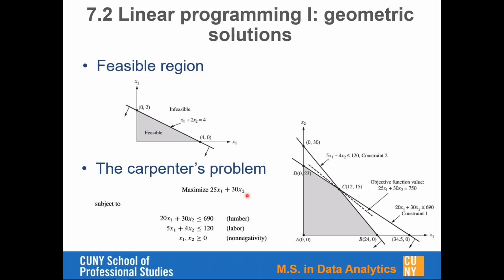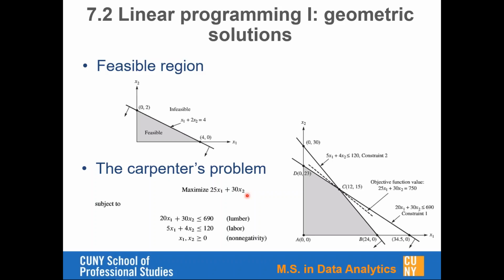Each unit of the X1 chairs takes 20 square feet of lumber, for example, but the table itself probably takes 30. Then you have to use 20 times X1 plus 30 X2, less than or equal to 690. That's your lumber resource constraint.